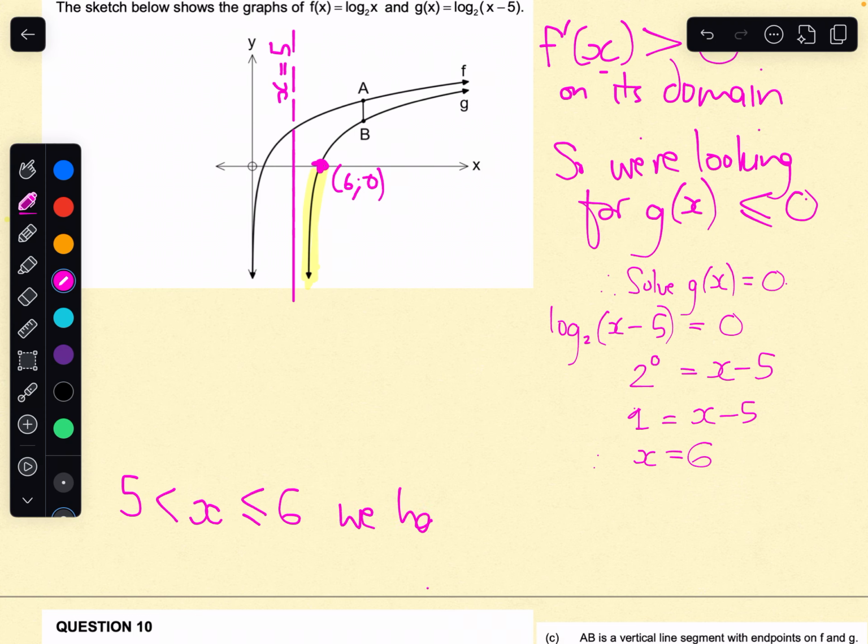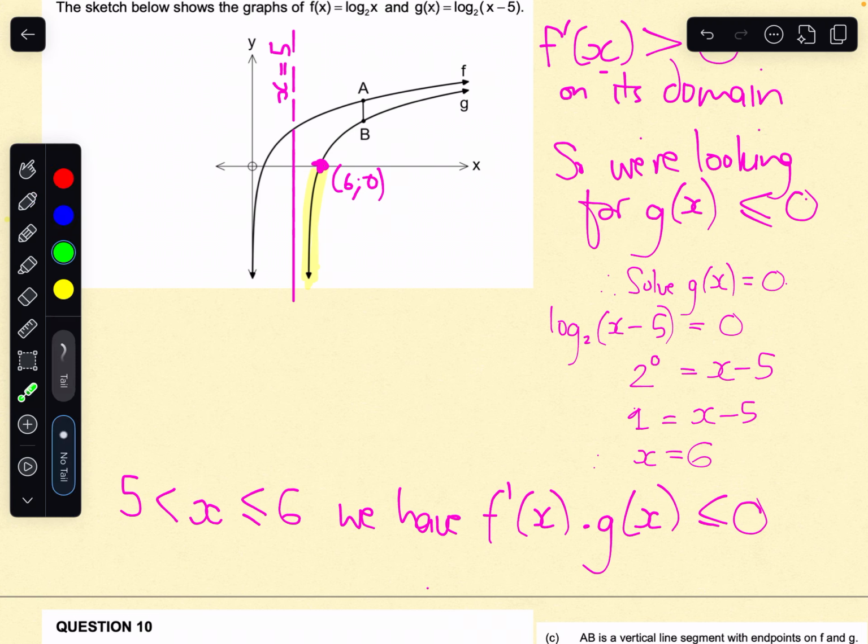we have f prime x times g of x will be smaller than or equal to 0. And we don't include the 5 because this curve is not defined there, right? It's an asymptote. We include the 6 because when x is equal to 6, the gradient of this curve is positive.